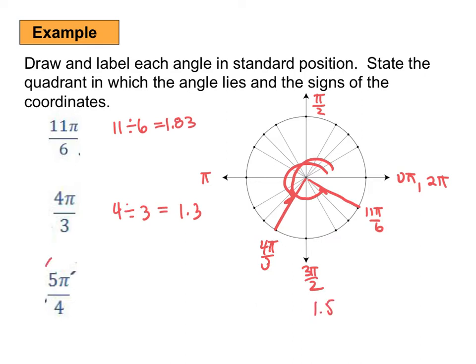And you could do the same with the last one. You have 5 pi over 4. Again, do 5 divided by 4 and see what you get. You get 1.25. So we have to be at 1.25. So coming around here, it's halfway in between 1 and 1.5. So this would be 5 pi over 4, which is in quadrant 3.